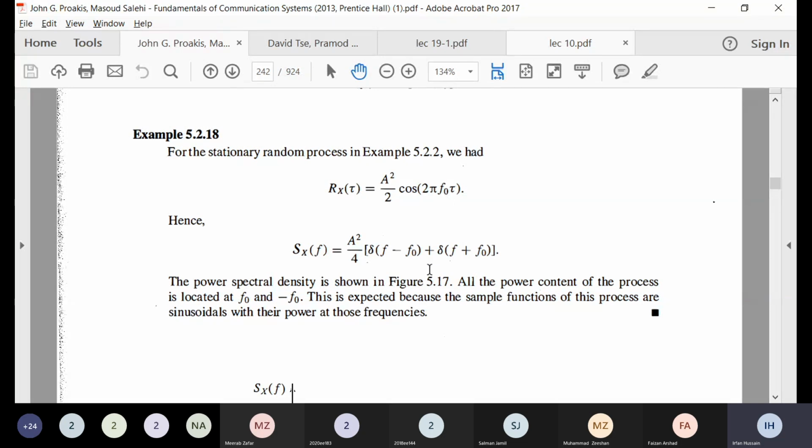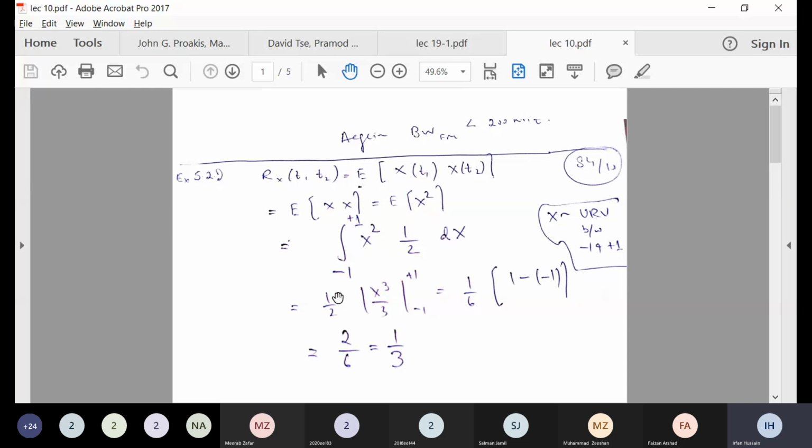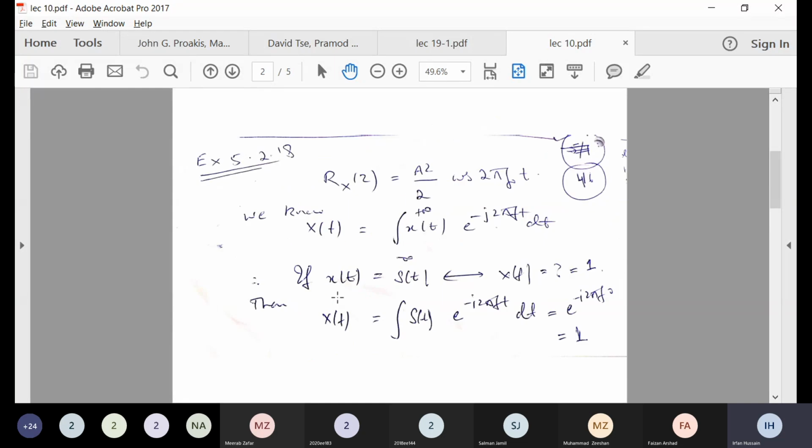Now we have to find its PSD, power spectral density. So you know cosine. I've done it now just so that students are revised again. So I have to just find its PSD. So what is its PSD? It is just the Fourier of its autocorrelation.